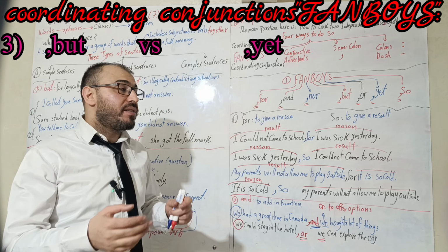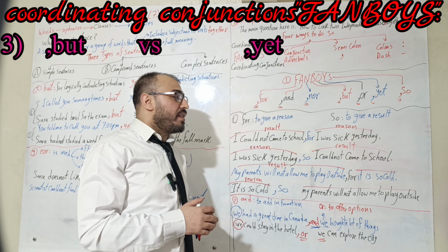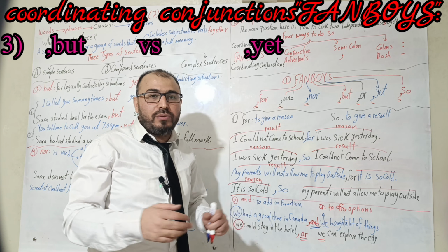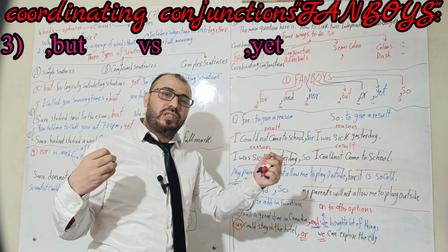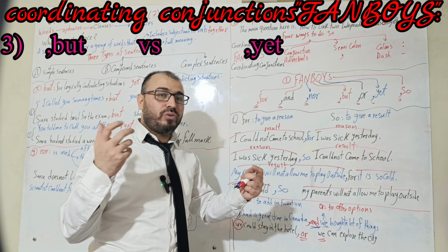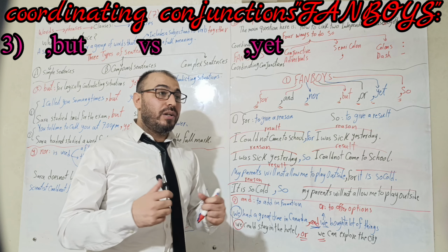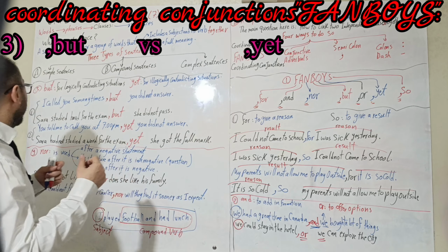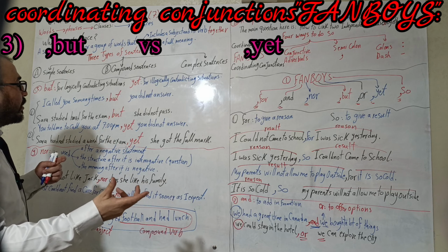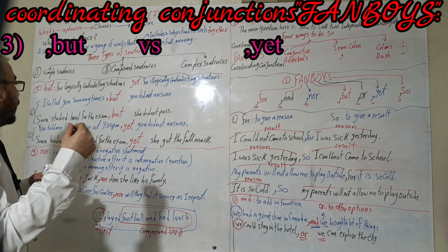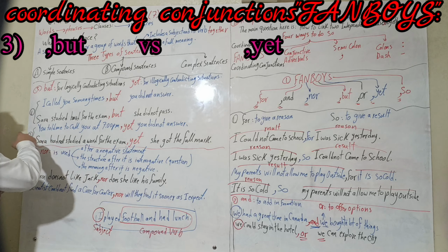Even if you study hard, sometimes you were not lucky, sometimes you have conditions you were not expecting. But the main idea is that here I have contradicting situation, two contradicting clauses, but the result here was a little bit logical, accepted, it could be expected. So I use but.